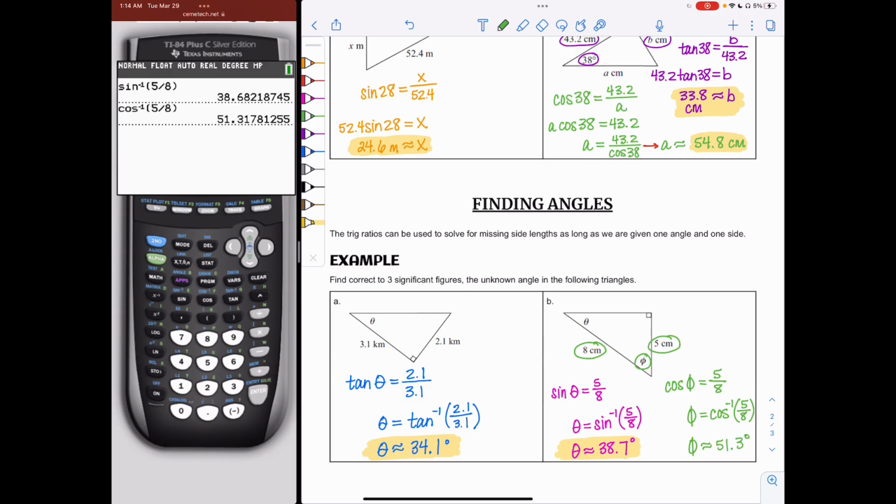51.3 degrees. Now, another easy way you could have done that, instead of using the trig ratio, is to remember the property that all angles on the inside of a triangle add to give you 180.